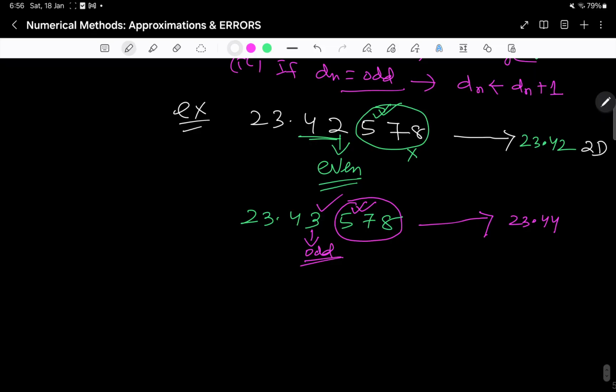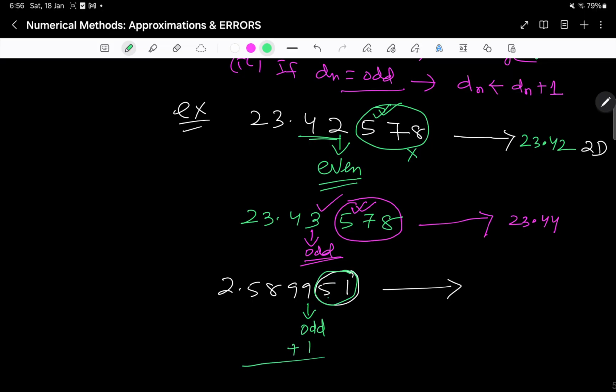Now suppose one more example. Suppose I am having 2.589951, and I want to omit this part. Now it is exactly 5, dn plus 1 is 5, and dn is odd, so I want to increase by 1. I add just 1 here.